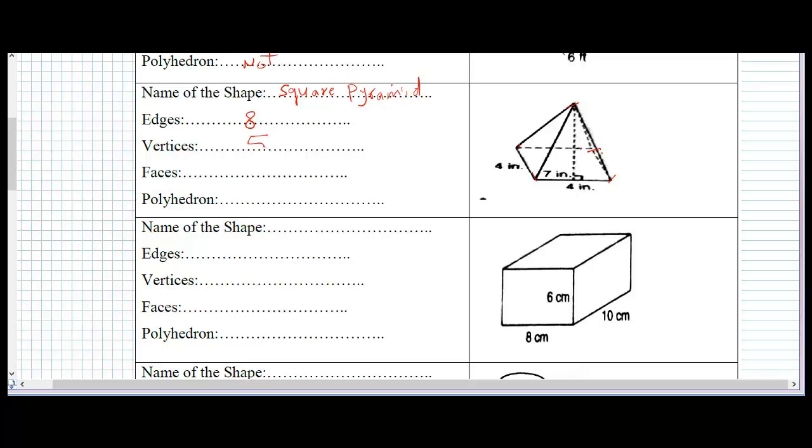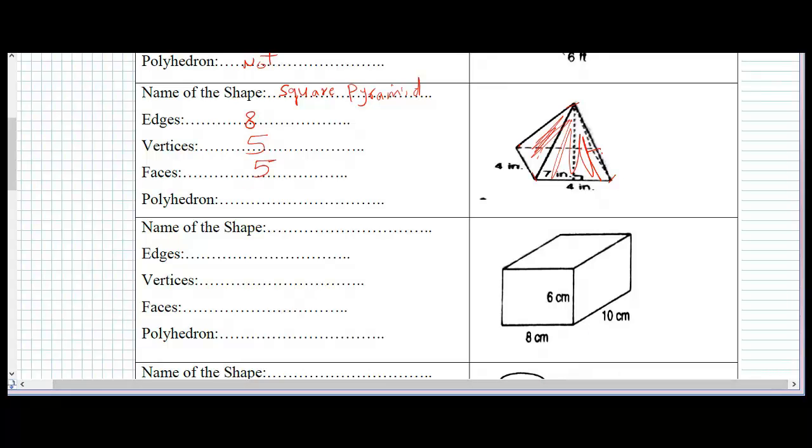We have 5 vertex. How many faces? We have 1 face down, this is the base, and we have 4 faces on the sides. This is one face, this is one face, and in the back you can find 2 faces. So it's 4 plus 1, 5 faces.